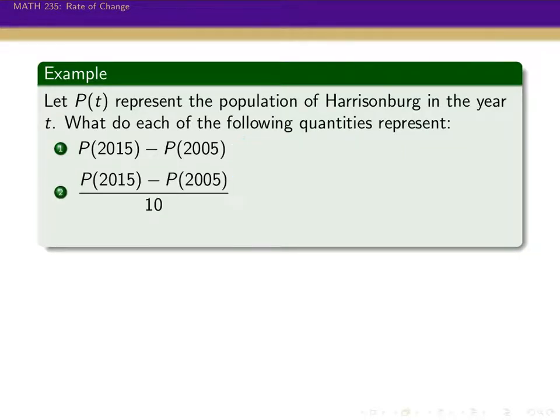Okay. What then if we took that and divided by 10? Well, what's special about this 10 here? This 10 is coming from 2015 minus 2005 gives us the 10. And so this is the change between 2 years, and that is our delta t.